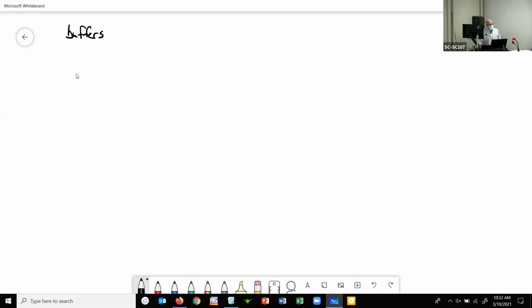So buffers simply mean you've got a weak acid and a weak base together. Typically, the weak acid and the weak base are the same substance. You have a weak acid and its conjugate base, or you have a weak base and its conjugate acid.